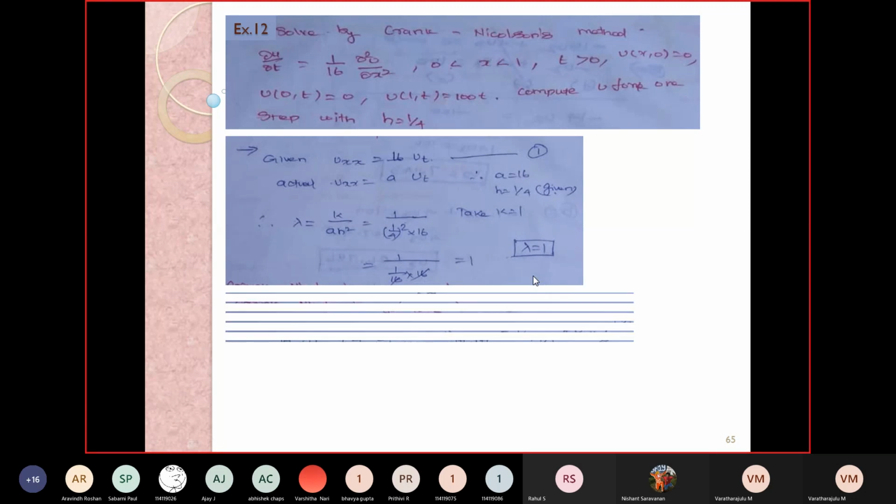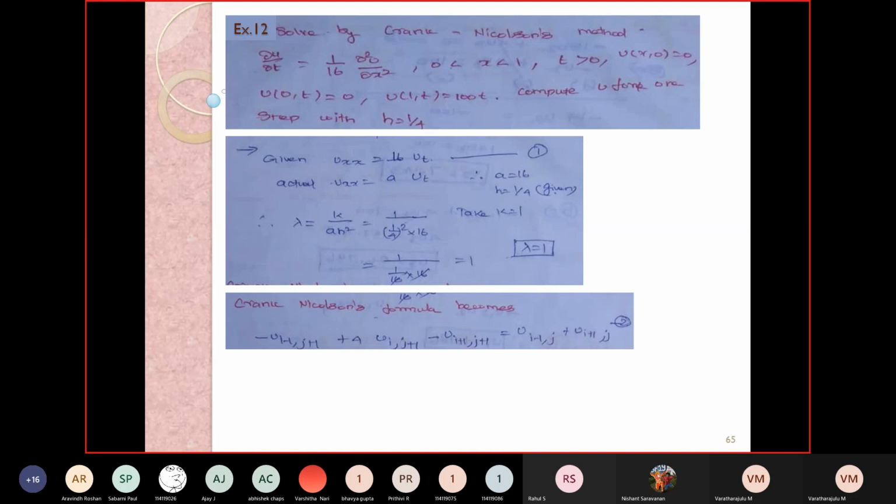When lambda is equal to 1, the Crank Nicolson formula becomes the reformed Crank Nicolson formula: minus the LHS term, plus 4 times the middle term, minus the RHS term in the j+1 row, is equal to the LHS term and RHS term in the jth row. This is equation 2.